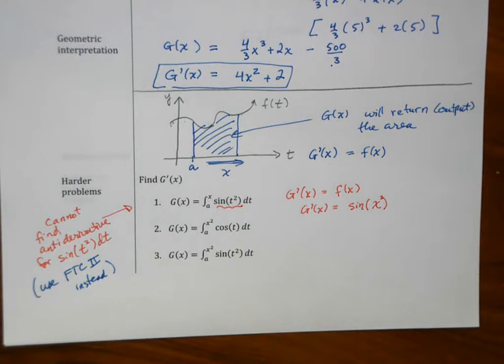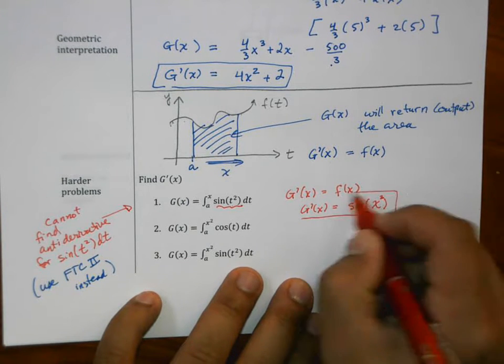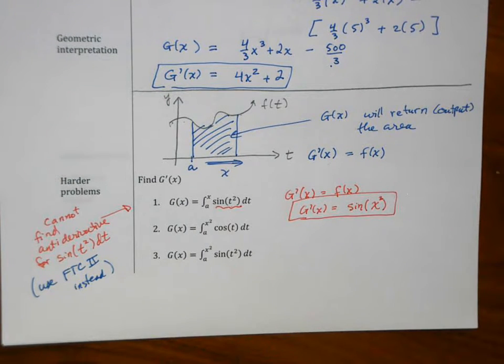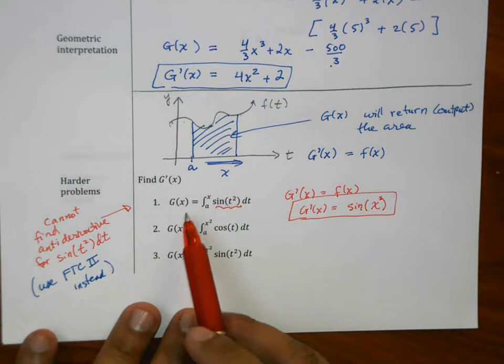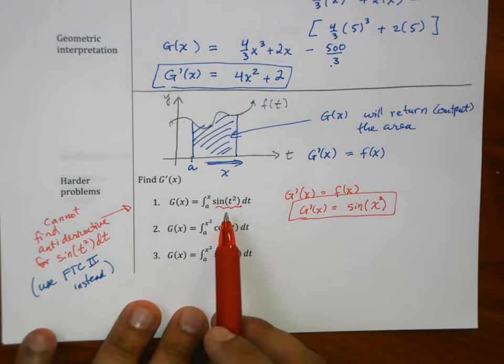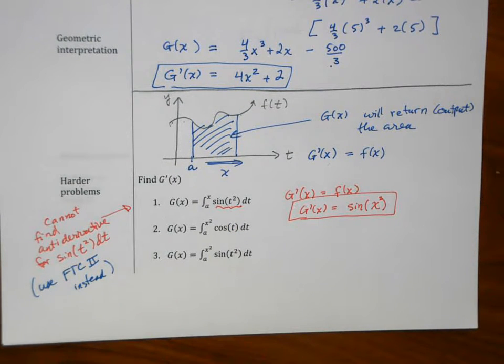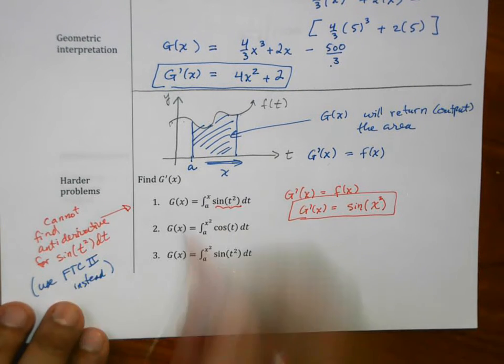And that's it. That's all there is to it, to this function. And you can see that the beauty of this theorem is that it allows us to find the instantaneous rate of change of certain integrals without having to actually find the antiderivative, especially in the scenarios when no such antiderivative is easily found. Okay.